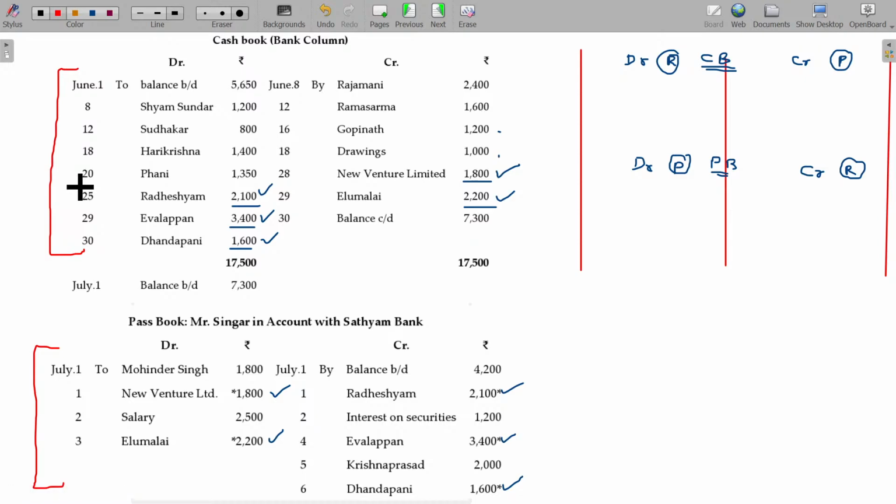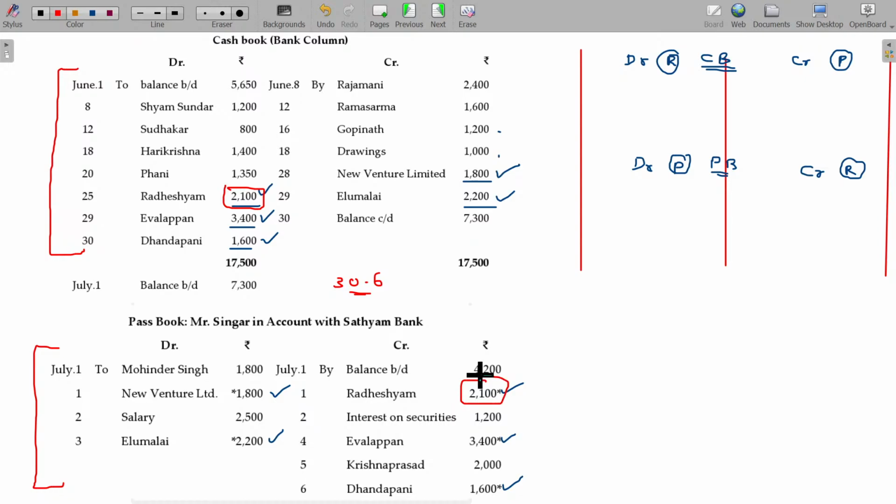If it is not the same month, it means those matching items will be the reason for the disagreement at that period, as on 1st July or 30th June. This Radheshyam receipt side 2100 we could have posted but not posted by the banker in their own record because they could have recorded it only in July. So this is the mismatch item for which month?